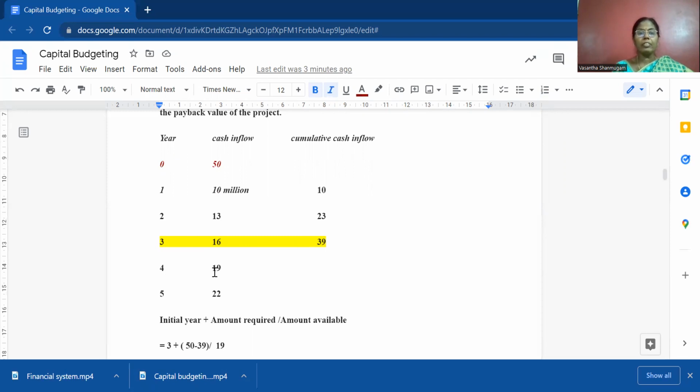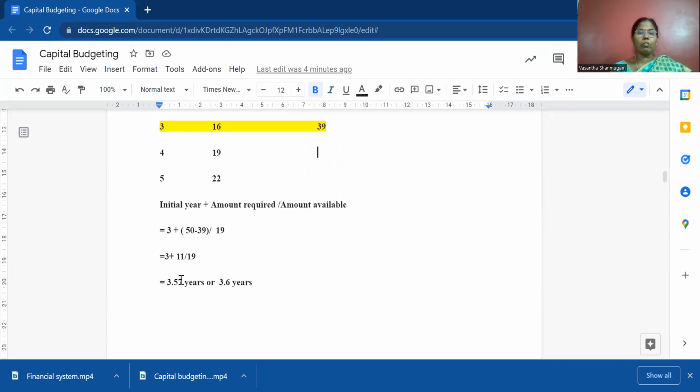If we add the fourth year's inflow, this goes beyond 50 million. Our project requirement is 50 million, and if the period crosses 3 years, the cash inflow is more than that. So now we understand our payback period lies between 3 and 4 years.